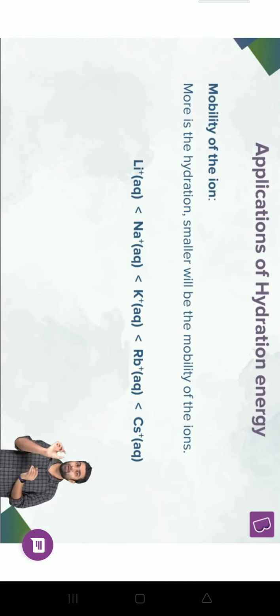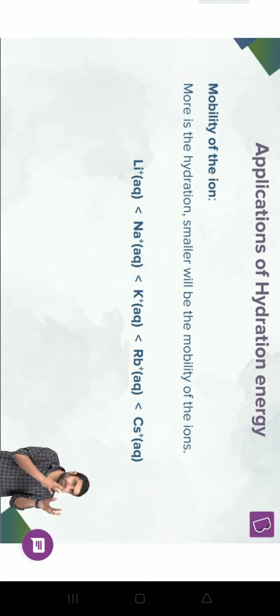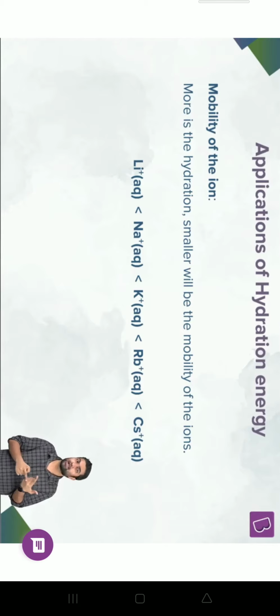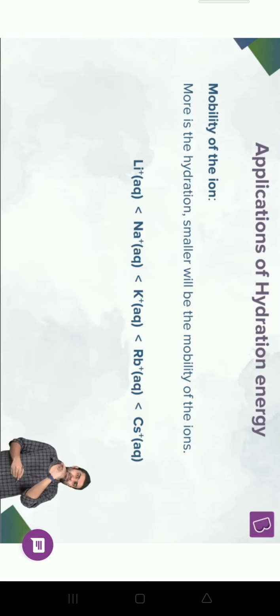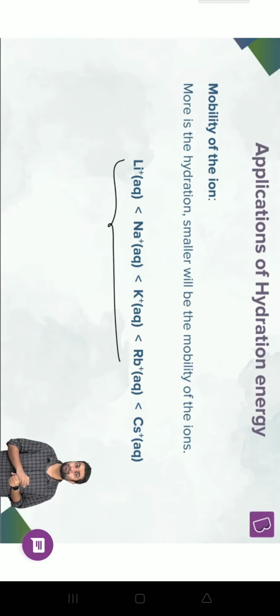So the one with the highest hydrated radius is the bulkiest to move around, and so ionic mobility follows the same trend: for the same charge, the smallest ion has the highest hydrated radius, so it is the bulkiest one, so it will be the slowest one, so it will have the lowest ionic mobility, and this is exactly what we have here.